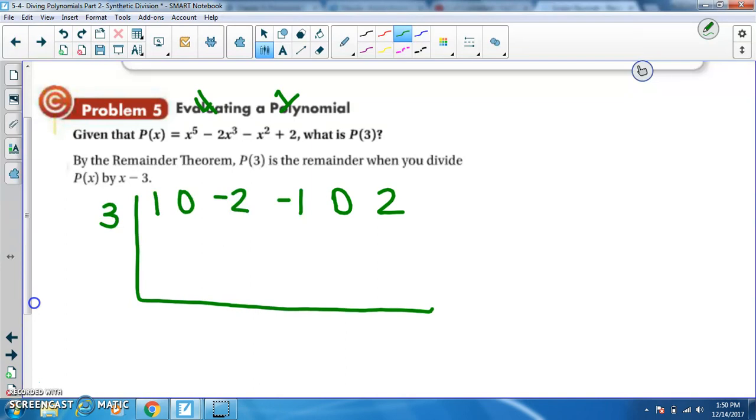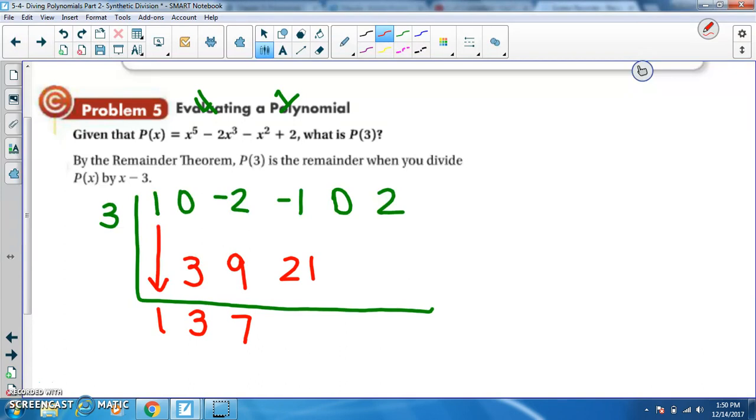I then bring down the 1, put it on the outside. 1 times 3 is 3. 0 plus 3 is 3. 3 times 3 is 9. Negative 2 plus 9 is 7. 7 times 3 is 21.